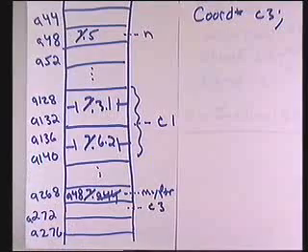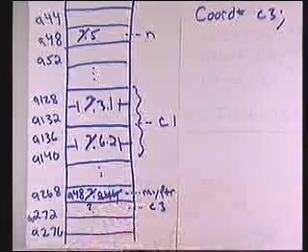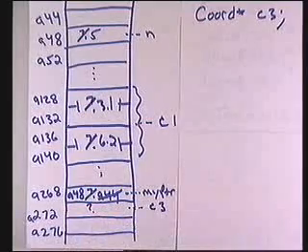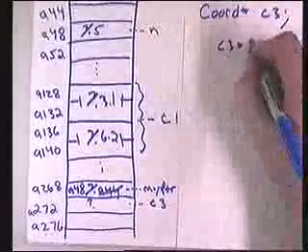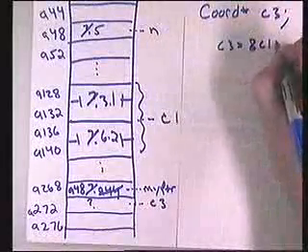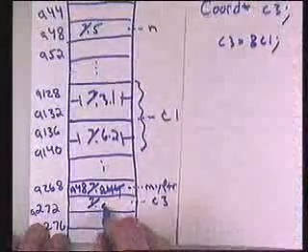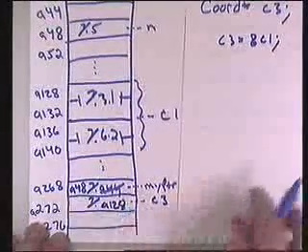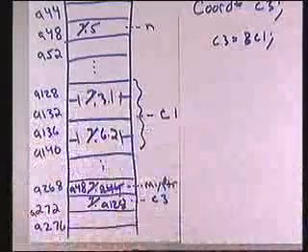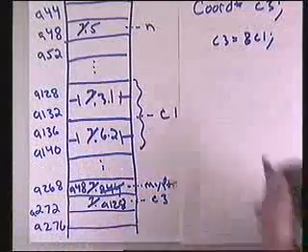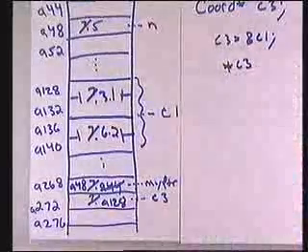The address of the cell is 272, and the value inside the cell right now is garbage. But I can say C3 equals the address of C1, and once I do that, I overwrite that garbage value with A128, which is the address of C1, and now I can access the object through C3 by dereferencing it. Same way I can access C1.